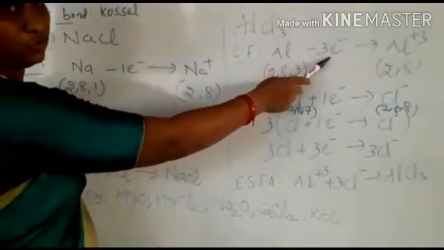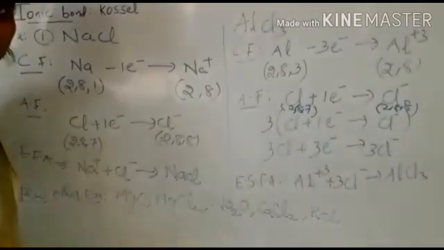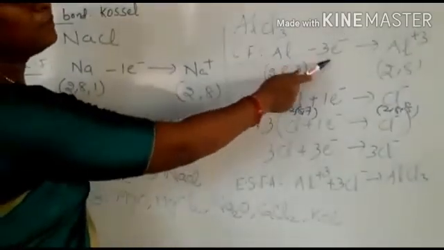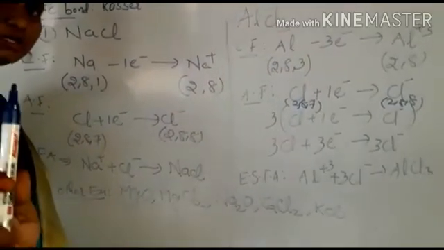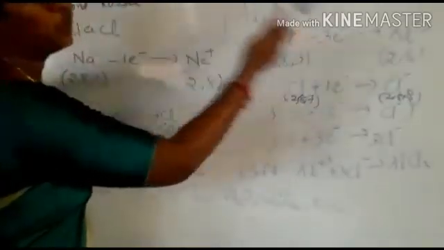But here, aluminium loses 3 electrons, so these must be taken up by chlorines. But one chlorine takes only 1 electron, so 3 electrons should be taken by 3 chlorines.